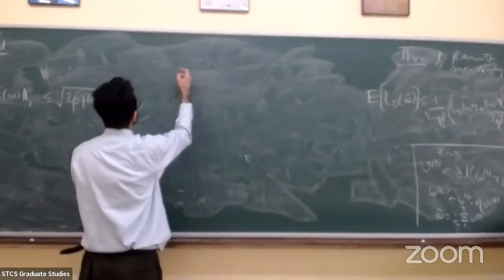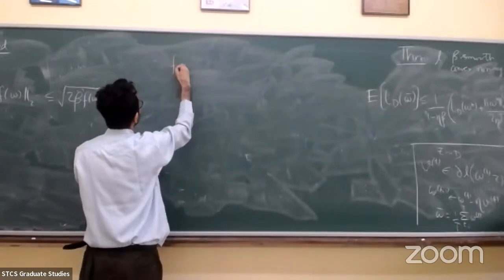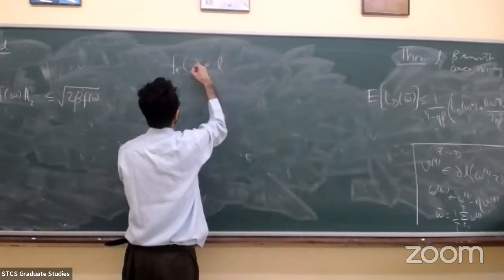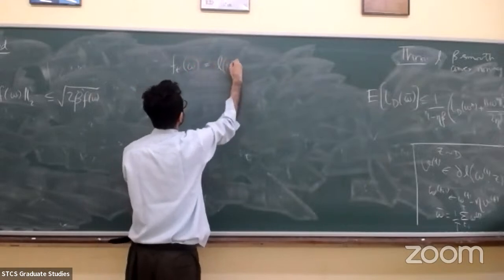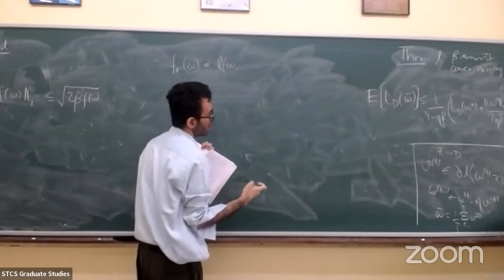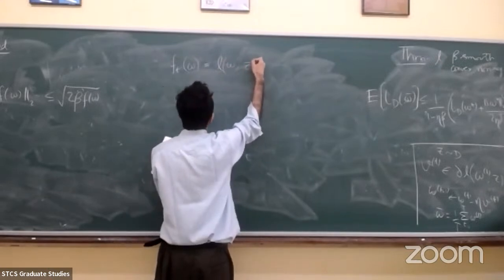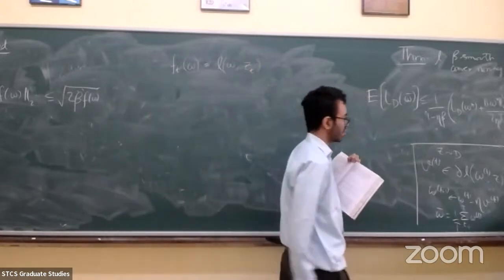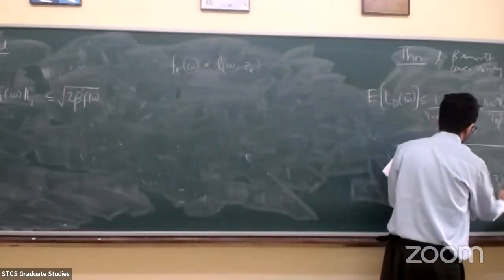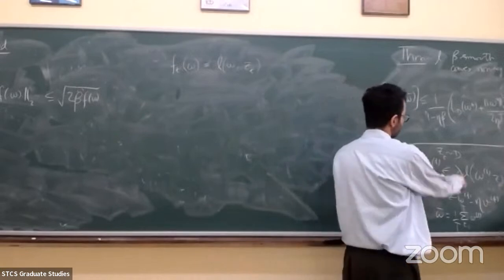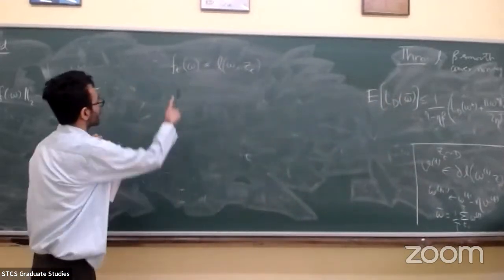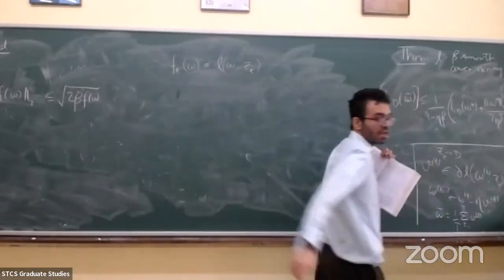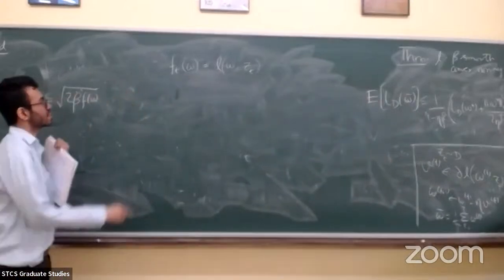Let me denote by f_t the function f_t of w, which is the loss of w at z_t, where z_t is the t-th sample. So let's abbreviate the loss of w at z_t, which is the thing you care about here, by f_t.